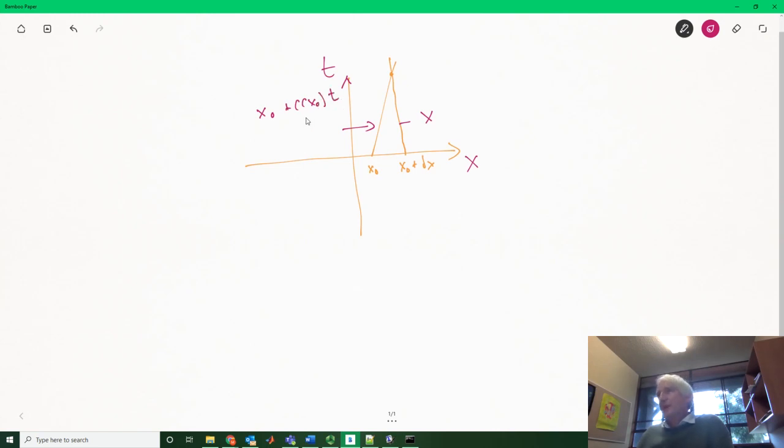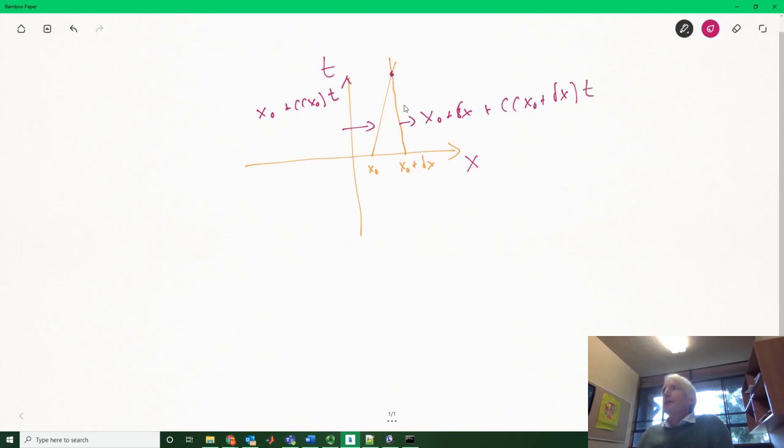Remember that the speed depends on the density, which depends on the initial position. And this curve here is x0 plus delta x plus c of x0 plus delta x times time.